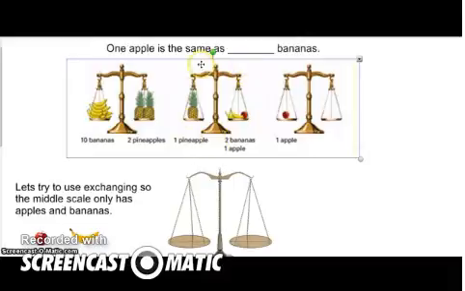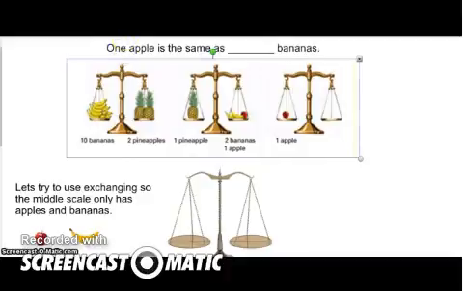So I can tell from this scale that it already has apples and bananas, and what I want to get rid of is this pineapple. So I want to try to make a fair exchange for this pineapple. I'm told in the first picture that 2 pineapples are the same as 10 bananas.